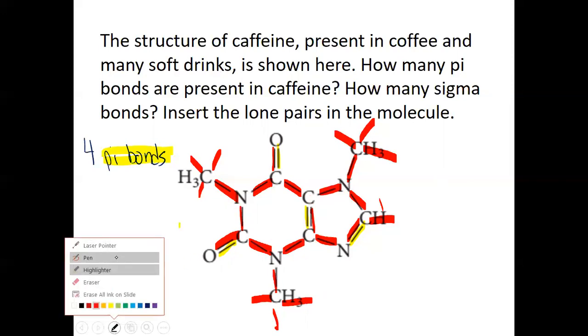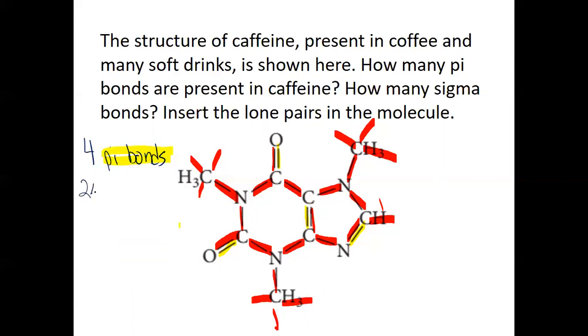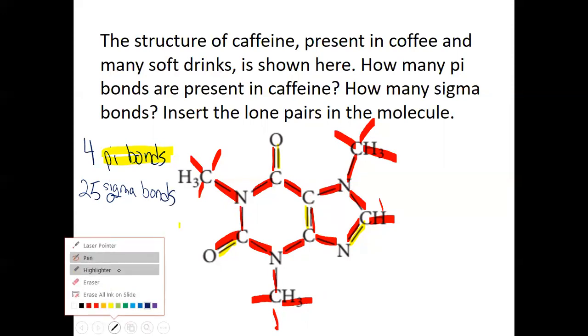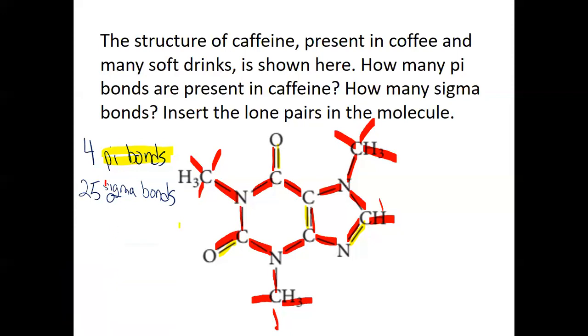So we have 25 sigma bonds, and that is what I highlighted in the red. So hopefully that gives you an idea of how this applies to your larger molecule.